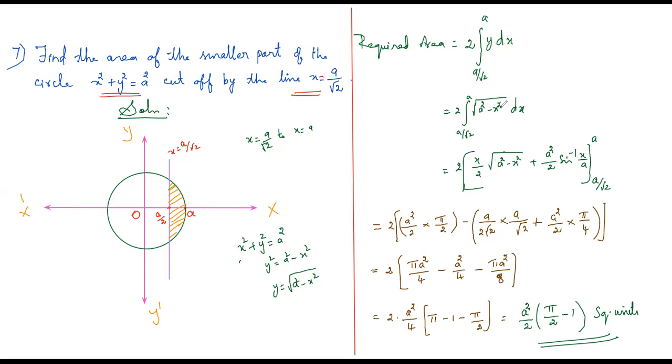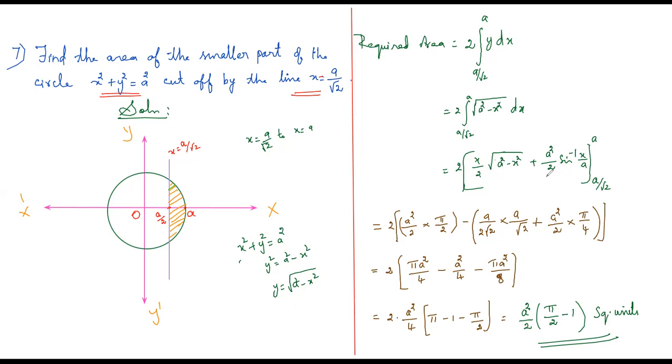Now the formula: x by 2 into square root of a square minus x square plus a square by 2 into sine inverse x by a. Substitute the formula, first applying the upper limit. When you substitute a, the first term becomes 0, so you can leave it. In the second term, sine inverse of a by a is sine inverse 1, which is pi by 2.